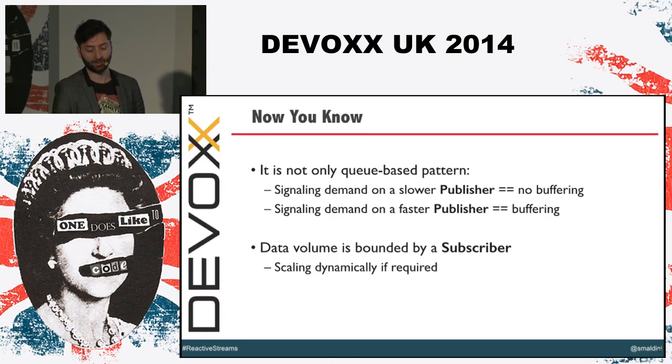It tries to be more clever about data transport and what you can pass or what you cannot pass immediately. Another interesting property of signaling demand is that if you want to scale the demand, you can change it, because it's all dynamic. Every time you need data, you need to signal it by using a method we see, and we need to provide a number: how many elements you want to receive at some point.